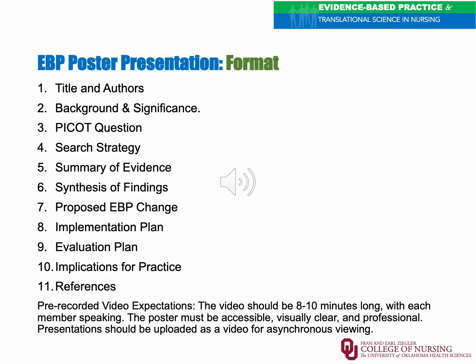The PICO question, and the search strategy, where you need to include the databases and the keywords, and whether there are inclusion and exclusion criteria. Summary of evidence, and of course, the synthesis of evidence should be there. Proposed EBP change, implementation plan, evaluation plan, implications for practice, and of course, the reference section.